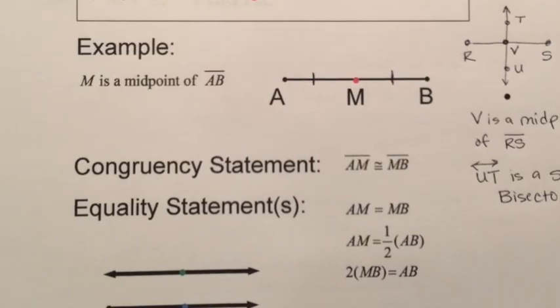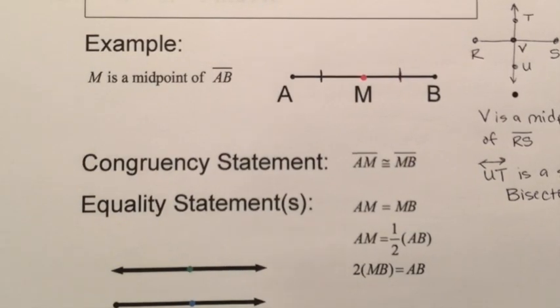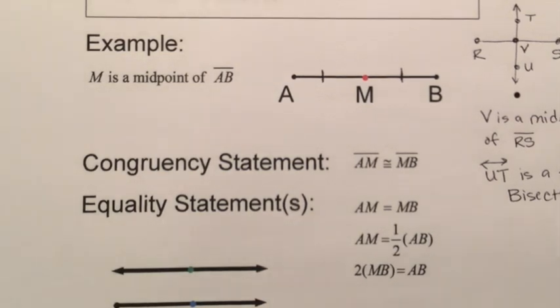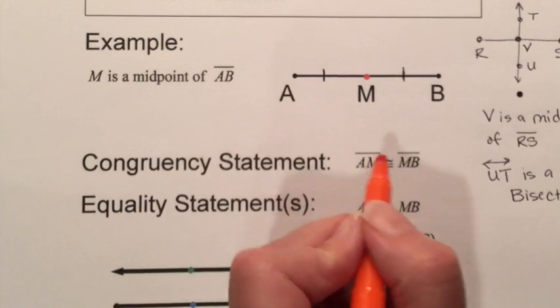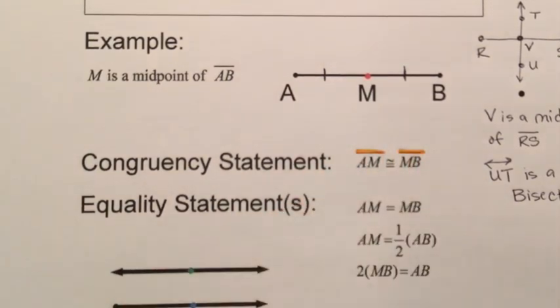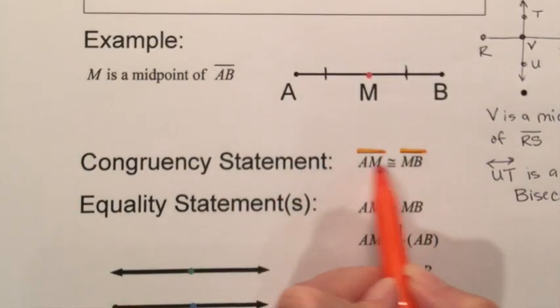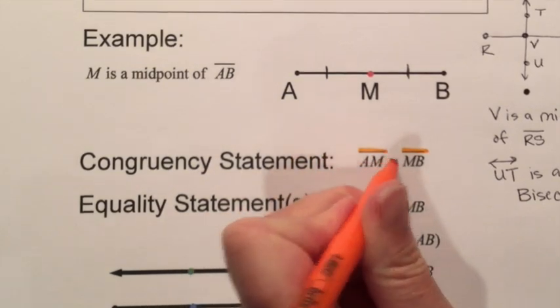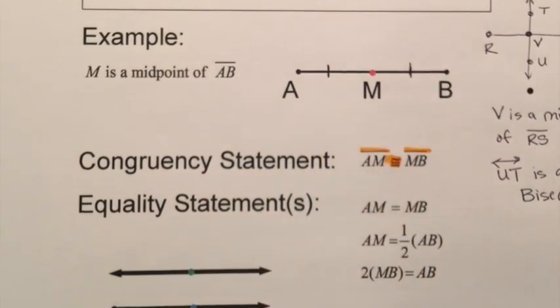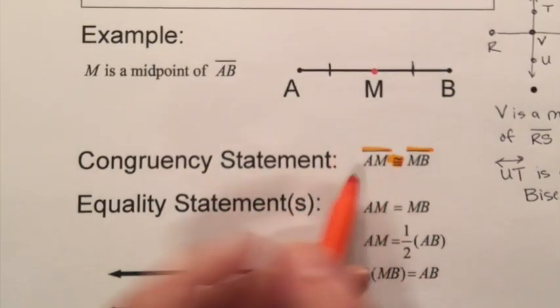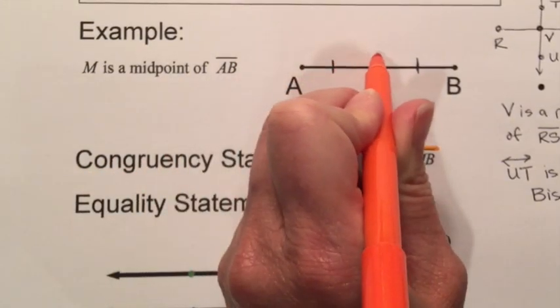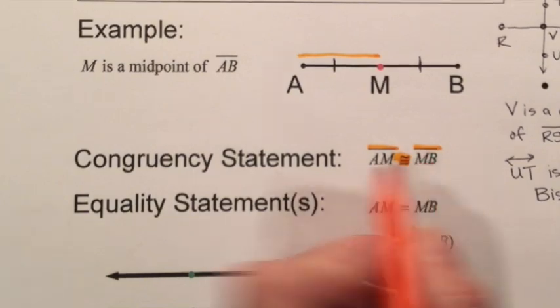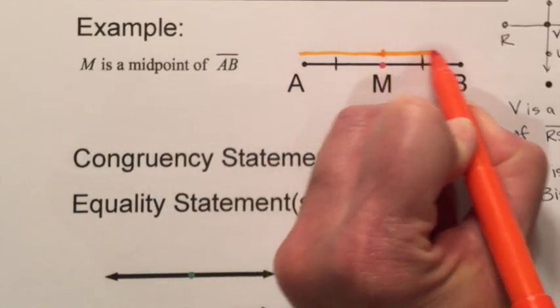Okay, and then just like with the angles, we can write congruency statements and equality statements. So remember, with line segments, you want to use the bar over your letters when you're working with congruency symbols, so the little squiggly over the equal sign. So we have segment AM, this part, right, is congruent to segment MB.